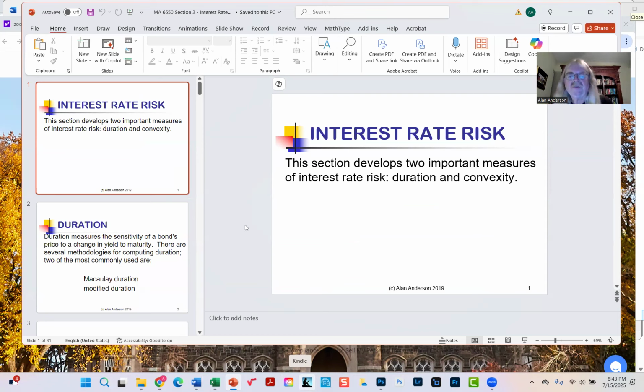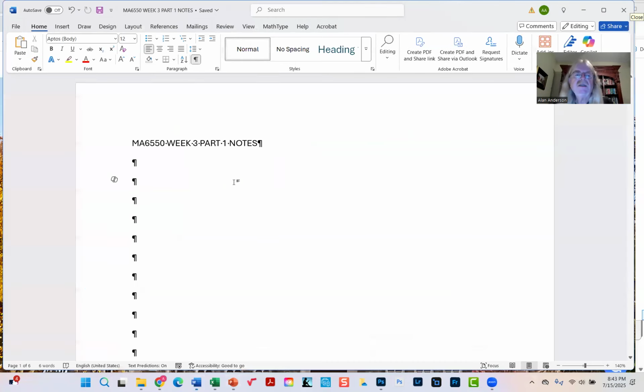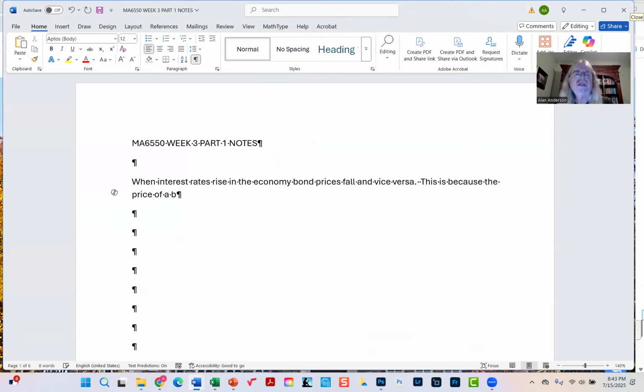risk. So, of course, interest rate risk is a huge deal in the bond markets because, based on what we saw in section one, when interest rates rise in the economy, bond prices fall and vice versa. Why is that? Because the price of a bond is nothing but the present value of the remaining future cash flows, which mainly consists of coupons, but also the repayment of the face value at the maturity date.